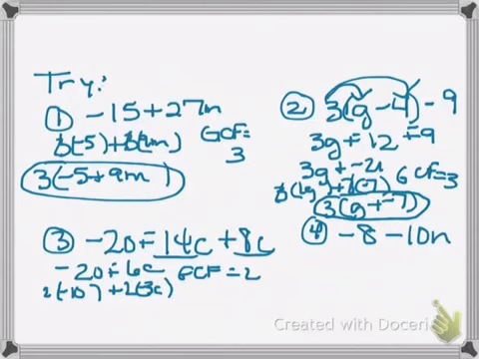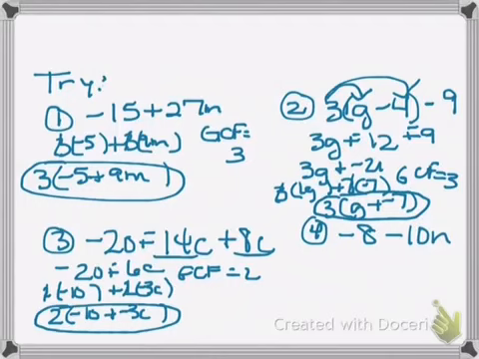I'll pull my 2 out front, and I'm left with negative 10 plus negative 3c. While I'm on this one, let me just tell you, we could have factored out a negative 2. If I had factored out a negative 2, I would have had positive 10 plus 3c. The key is just to be sure at the very end, could I redistribute the 2 and get back to the original problem? And you could.